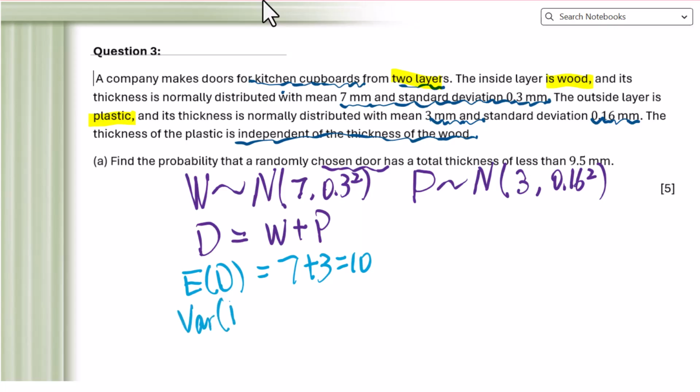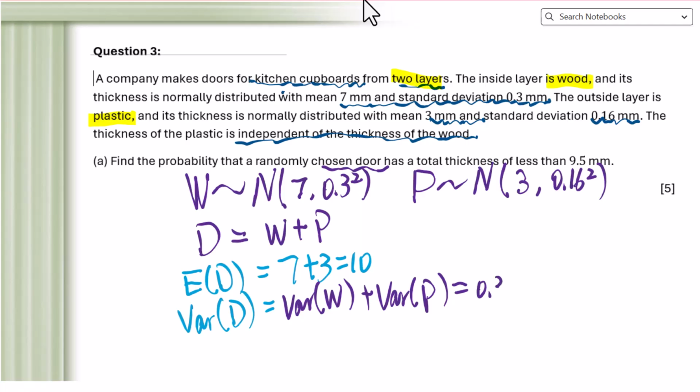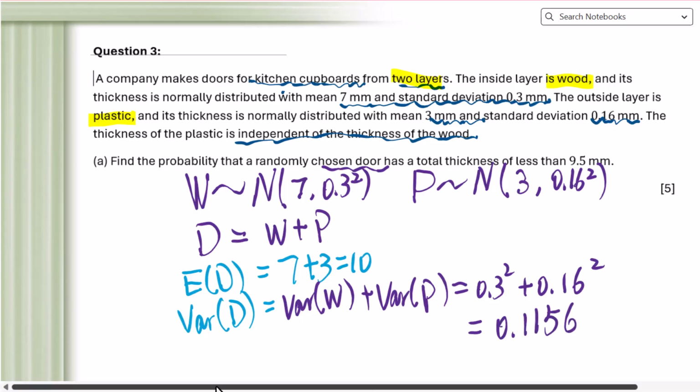Variance of D equals variance of W plus variance of P equals 0.3 squared plus 0.16 squared, 0.1156.